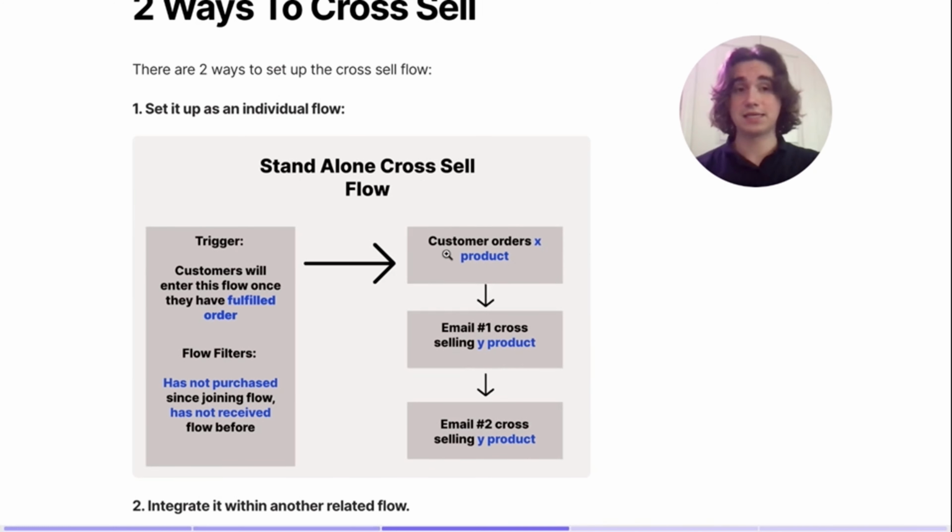So let's say someone buys your best seller, X product. What will happen is that will trigger the first email cross-selling Y product, a different one, and then there will be two emails in this series essentially cross-selling an item that is related to the original one that they had been sold. So that is the first way of setting up the cross-sell flow, is as an individual flow.